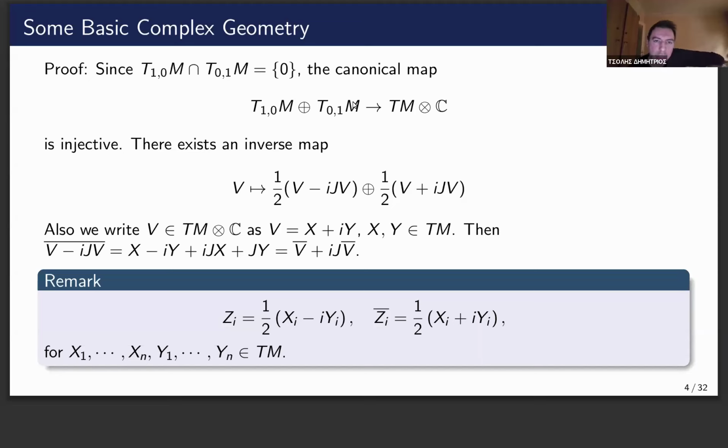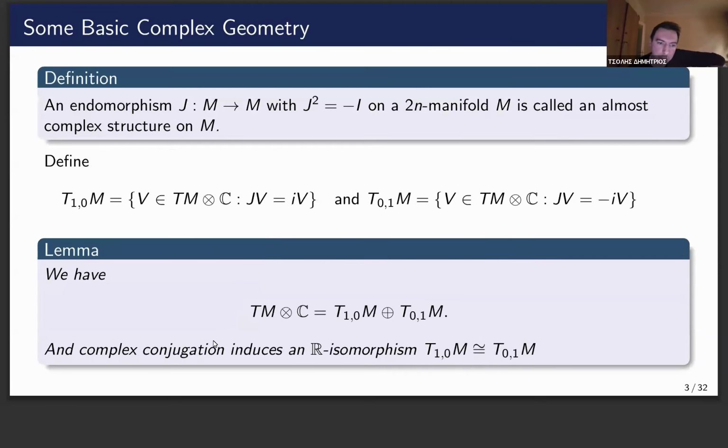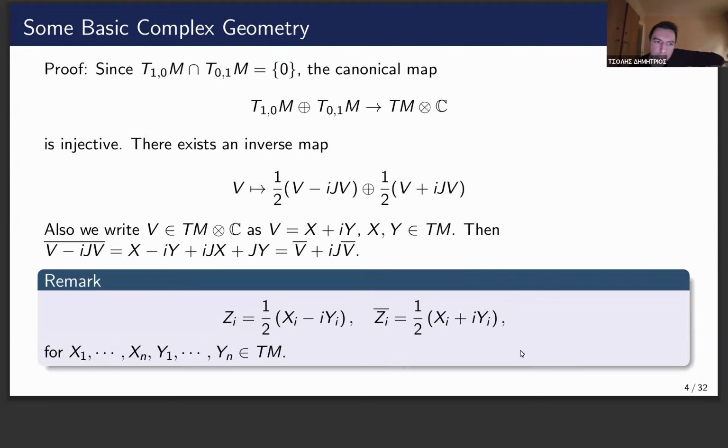Then we define the inverse map, which is this. And we see that a vector V splits into those two vectors as a direct sum. Essentially, this proves that this is an isomorphism, so the decomposition that we mentioned holds. We can also check the second condition, the isomorphism: just take the complex conjugate of this vector, and you see that it gives the required result.